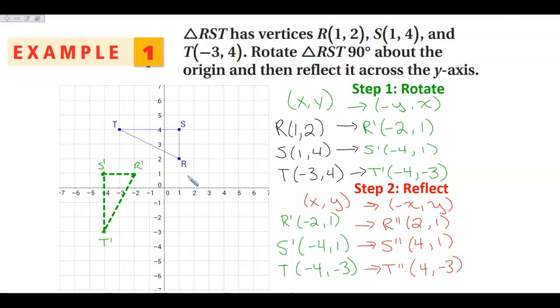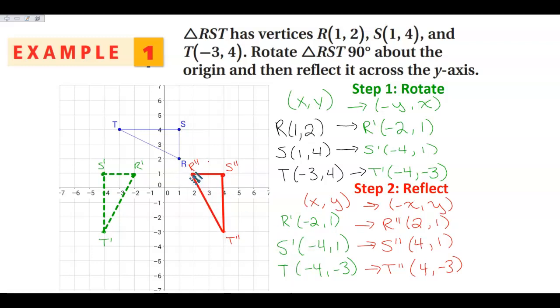Then we're going to regraph this. Right here is 2, 1. This is my R double prime. My S double prime is at 4, 1. T double prime is at 4, -3. And then we're going to connect my shape.